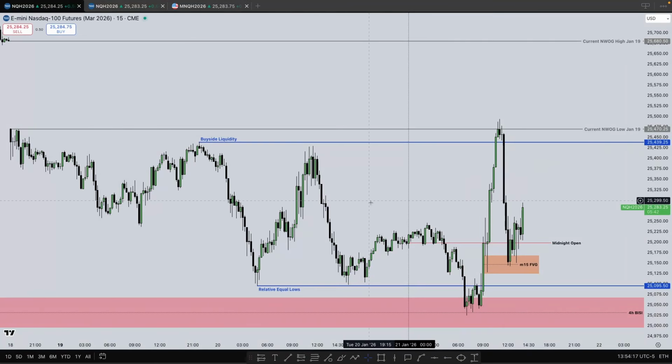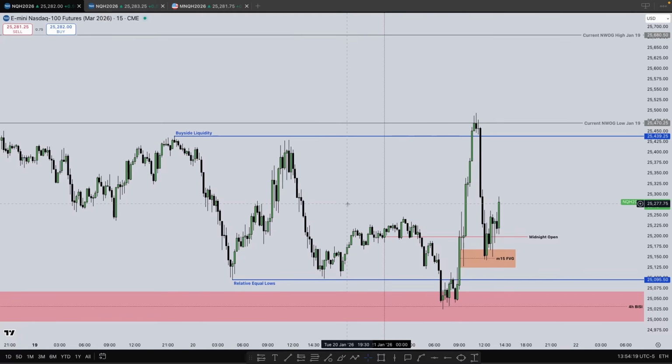Before we go further to explaining what we have on the 1 minute, I just want to add that starting on a day, you have to remember that we are going to anticipate the power of 3. In this case, we had our midnight open and we saw price take out the relative equal lows. So this is our manipulation of the day.